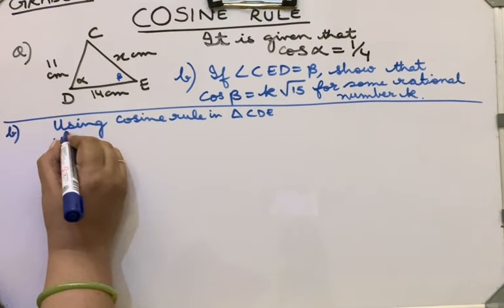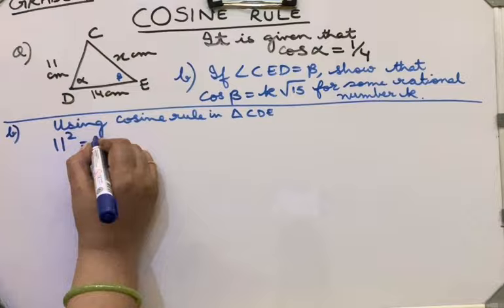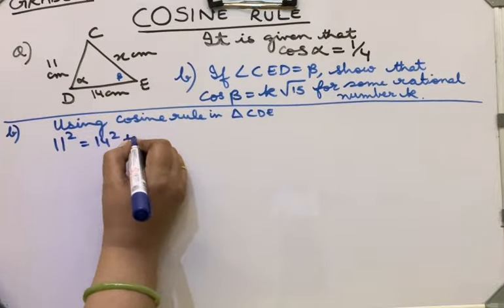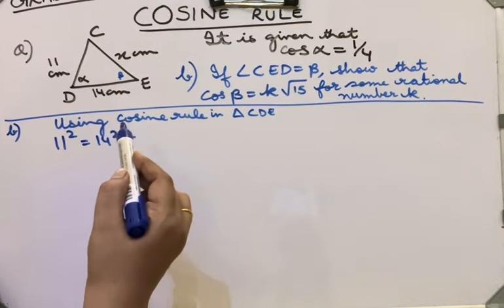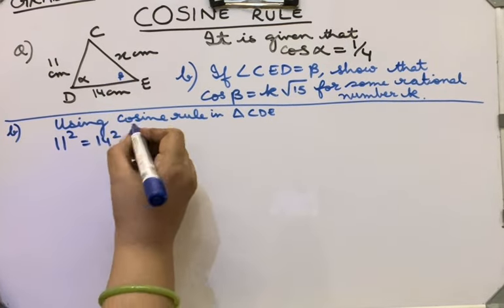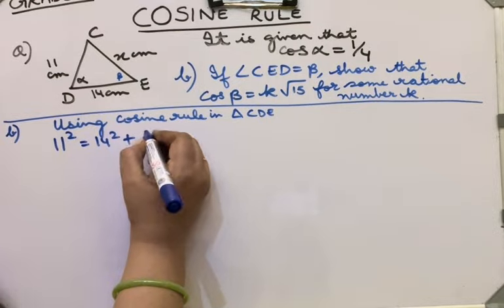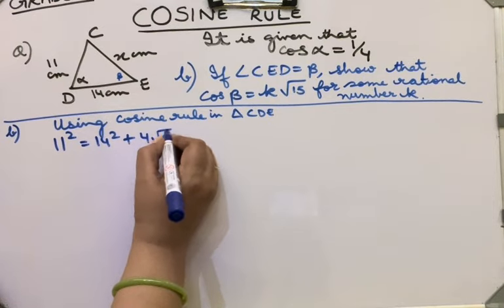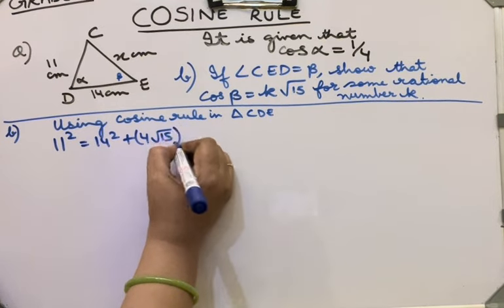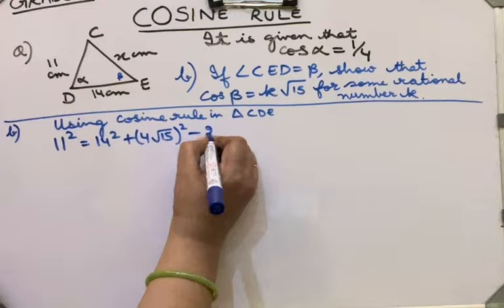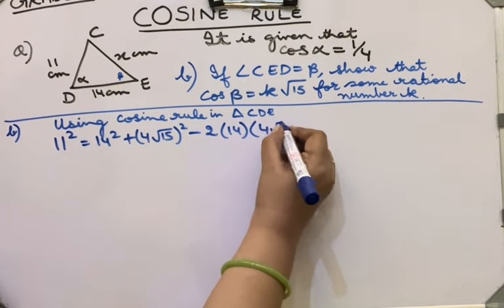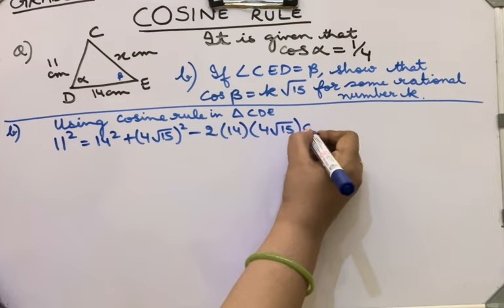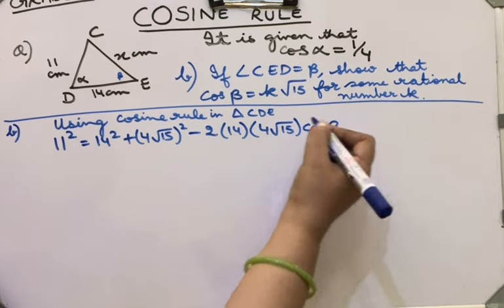We'll begin: 11 square is equal to 14 square plus, now we know that x is 4 root 15 from the previous part. So in place of x, we'll write 4 root 15 square minus 2 multiplied by 14 multiplied by 4 root 15 cos beta.